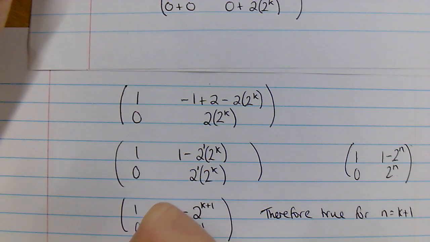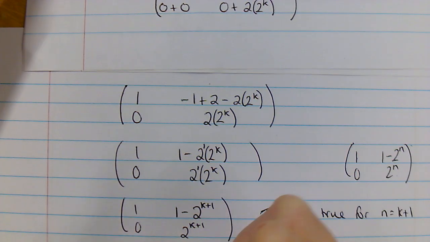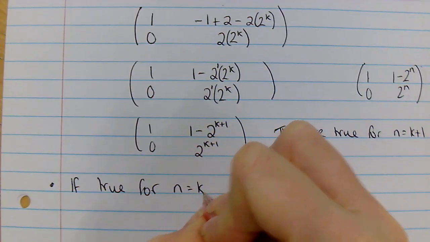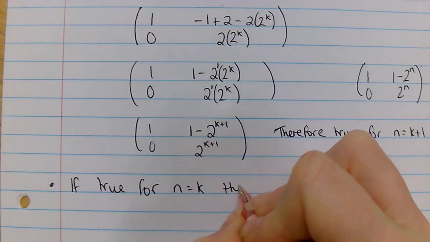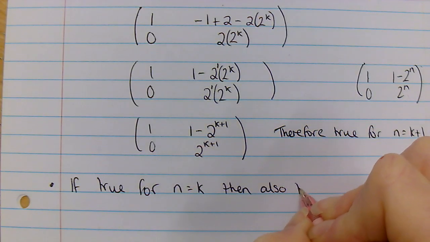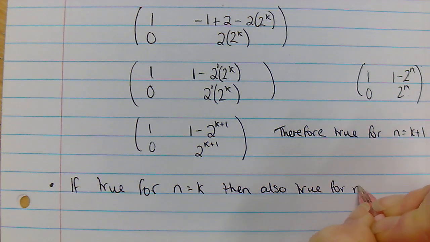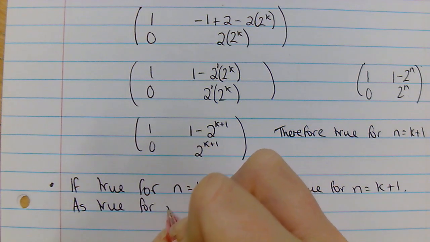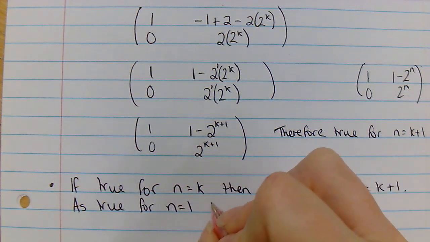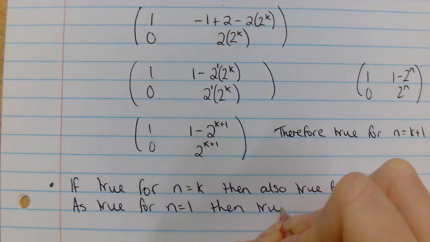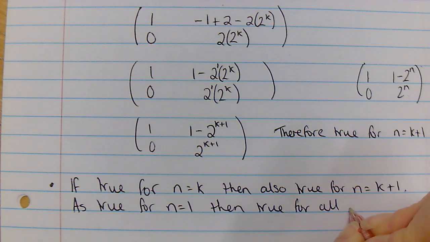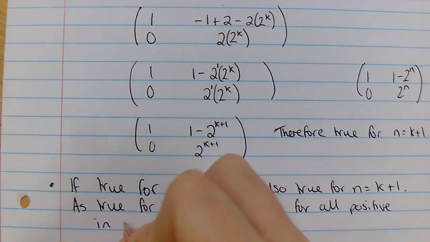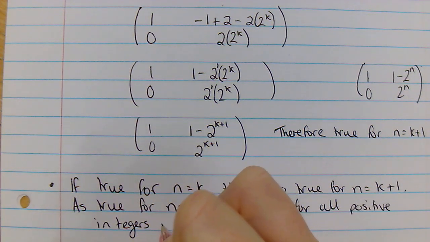So if true for n equals k, then also true for n equals k plus 1, as true for n equals 1, then true for all positive integers n.